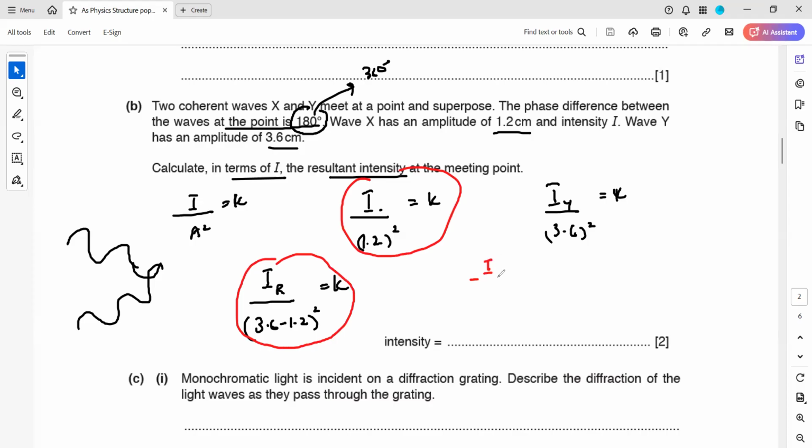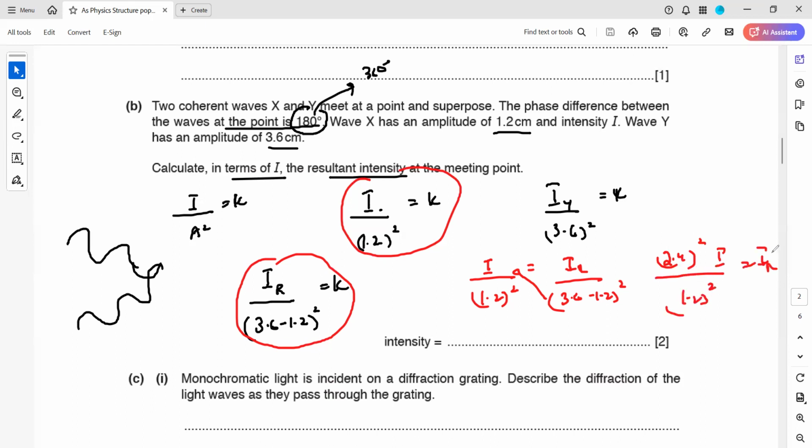We can say I over 1.2 square is equal to IR divided by 3.6 minus 1.2 square, because we need the resultant. Just cross multiply. So that is 2.4 square into I divided by 1.2 square, which is equal to the resultant.